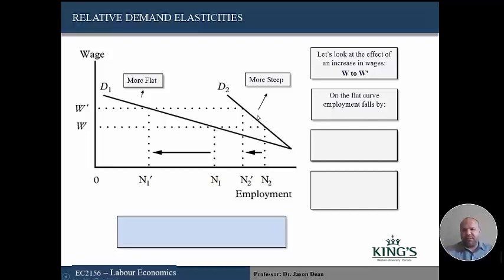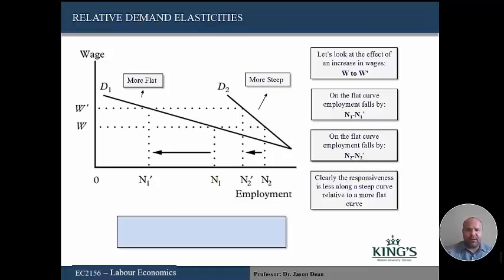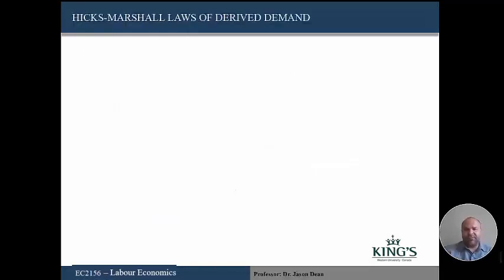If we have a steep labor demand curve, of course, the amount of employment won't change as much for that same given change in the wage. So the steeper the labor demand curve, the less responsive the firm will be to changes in the wage, and the other way around if the labor demand curve is flatter.